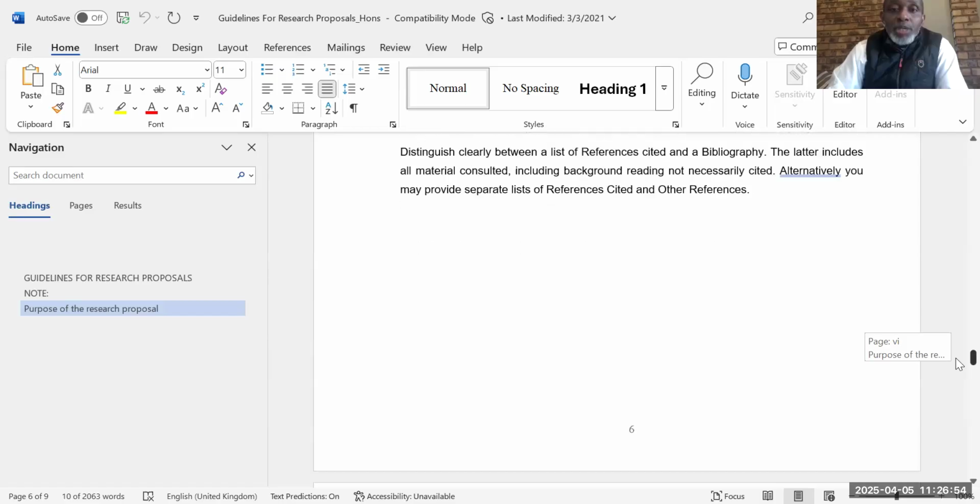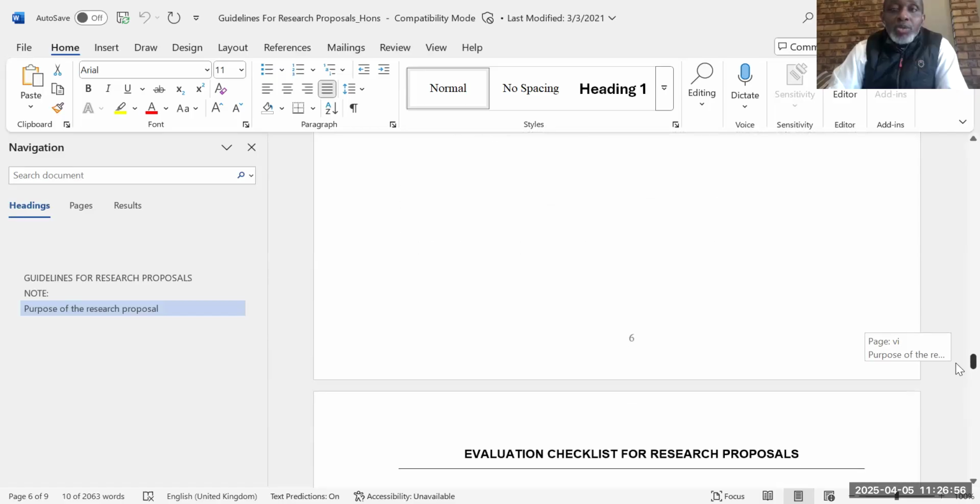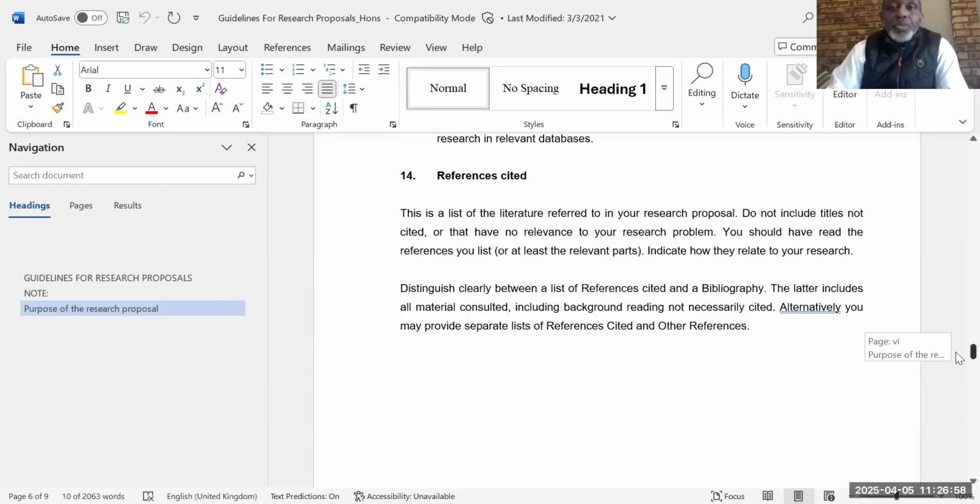But if you're given leeway, you can look at the one that suits you. These days, there is a lot of software you can use to assist you in listing your references, endnotes, and other things like that. Or you could do it manually if you don't have access or you're not comfortable with it.